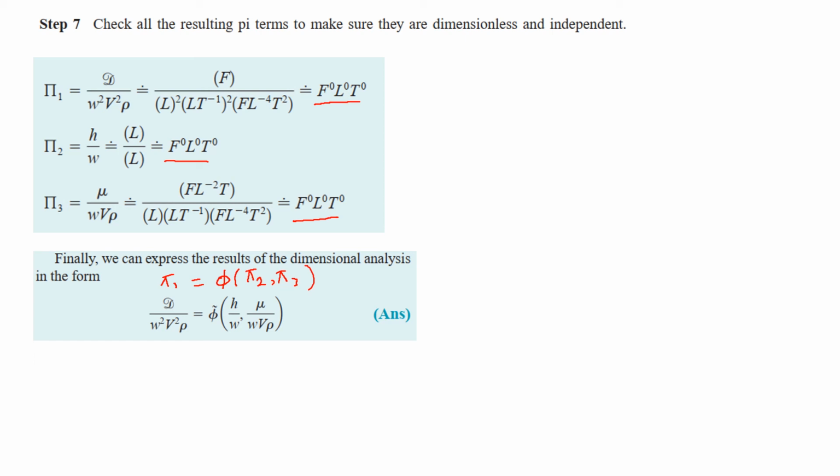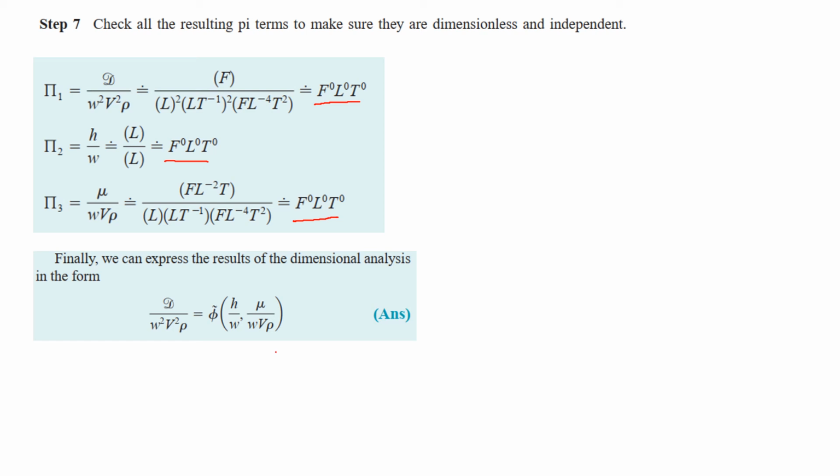Pi 1 includes the drag force term, that's why it's on the left hand side, and that is equated to pi 2 and pi 3. Remember that, according to the principle of dimensional homogeneity, the right hand side, which is dimensionless, must also be equal to the left hand side, which is also dimensionless. So you can see that the principle of dimensional homogeneity in dimensional analysis applies from the start to the end.